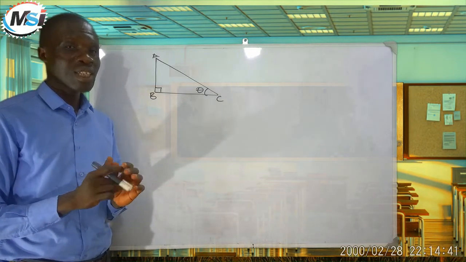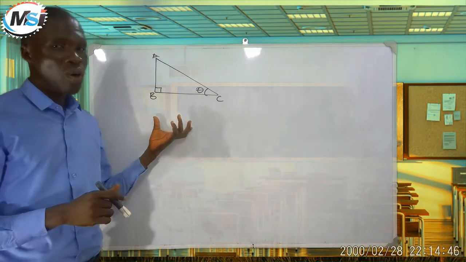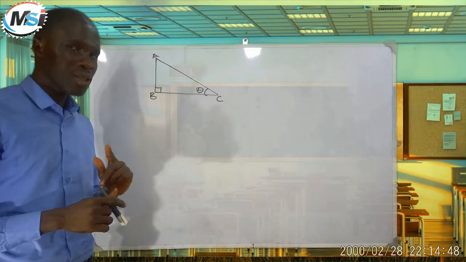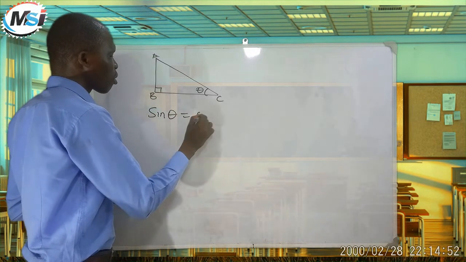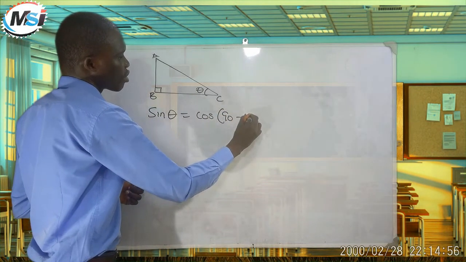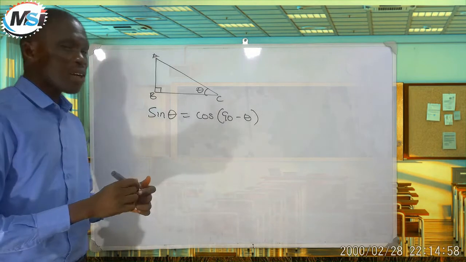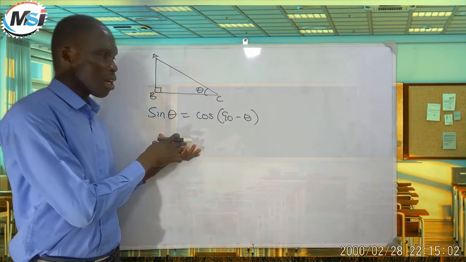We are going to use another thing, and you need to understand that sine theta equals cos of 90 degree minus theta. So we are going to make use of this formula in this type of question.